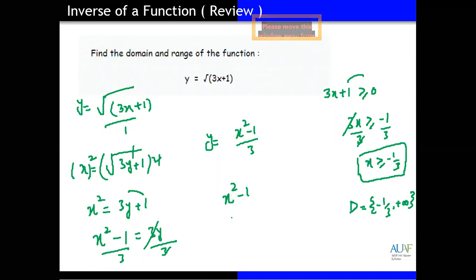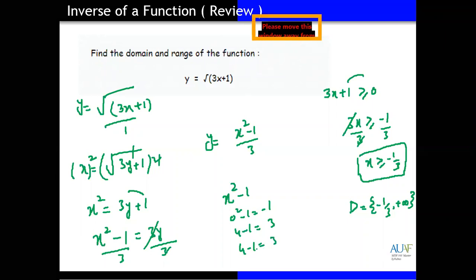If you give 0, 0 square minus 1 equals minus 1. If you give a positive value like 2, 2 square is 4 minus 1 equals 3. If you give a negative value like minus 2, minus 2 square is 4, minus 1 equals 3.